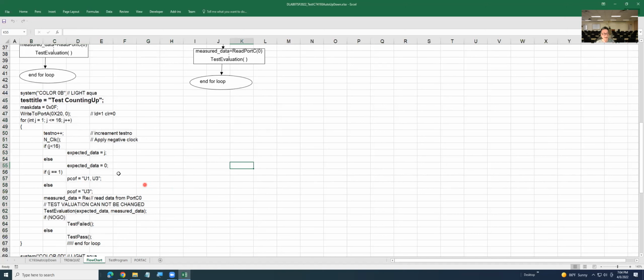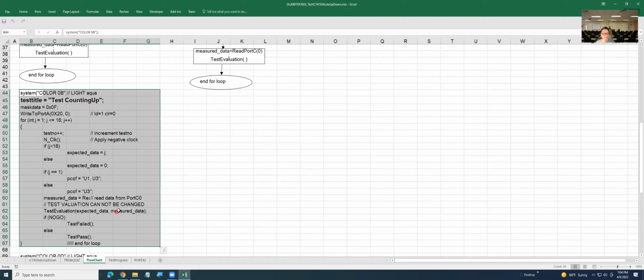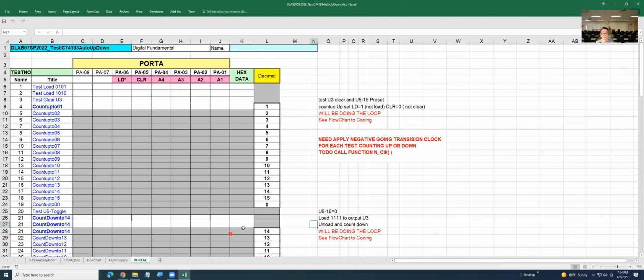So for now, if you want your software, you can copy exactly what is here. It will help you. And again, when you try to apply input, they say test load.